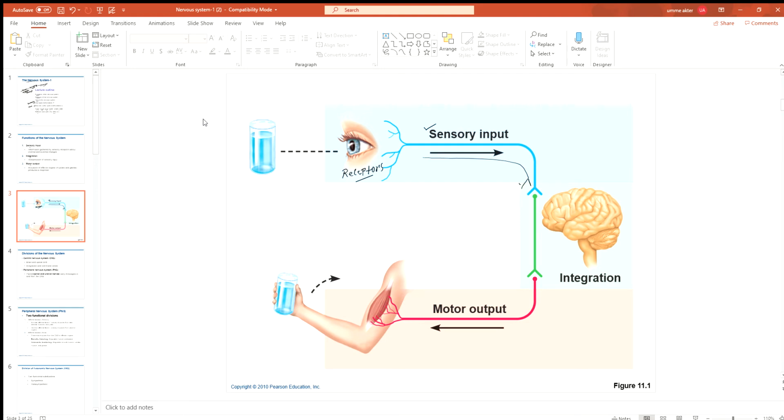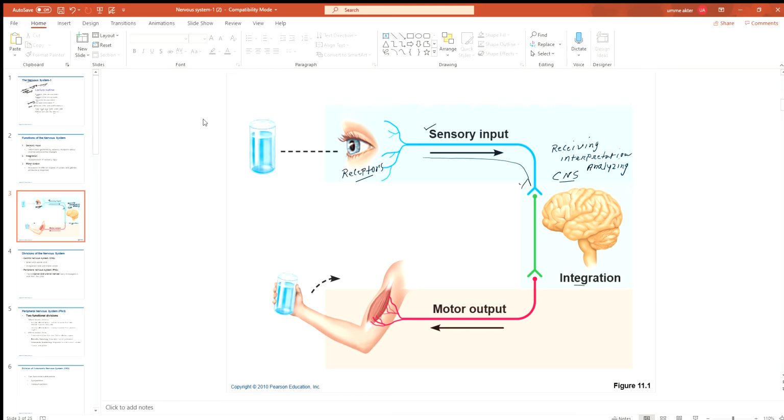And brain or central nervous system will do what? Will integrate that signal. Integration includes receiving the signal, interpreting, analyzing.